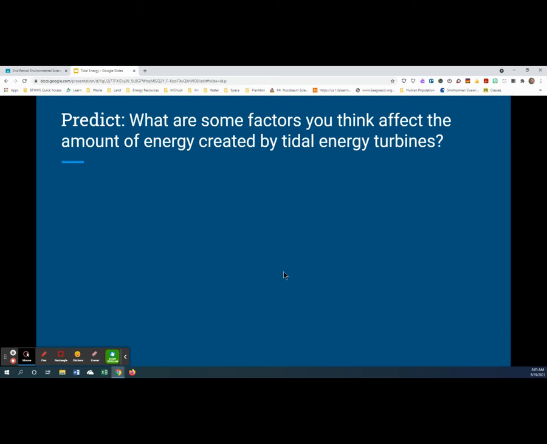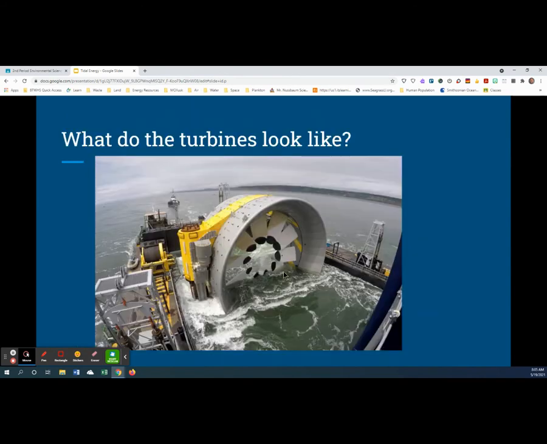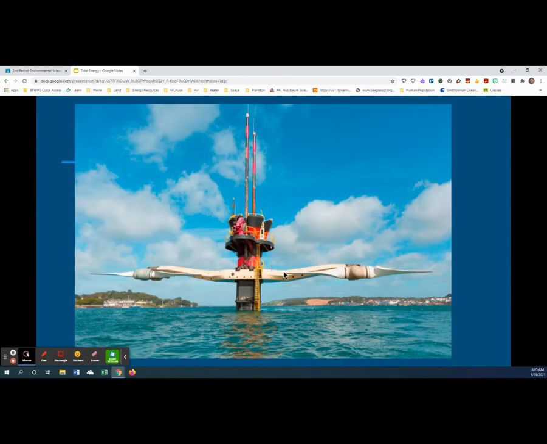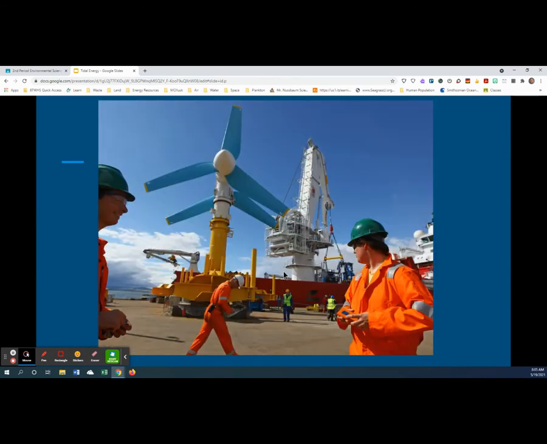So what do you think some factors are that would affect the amount of energy created by tidal energy turbines? In other words, let's say I wanted you to design a turbine to place in our tidal turbine test tank that you see on my desk in the front of the classroom, if you're a traditional student.